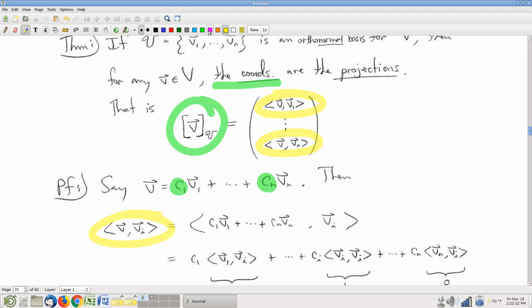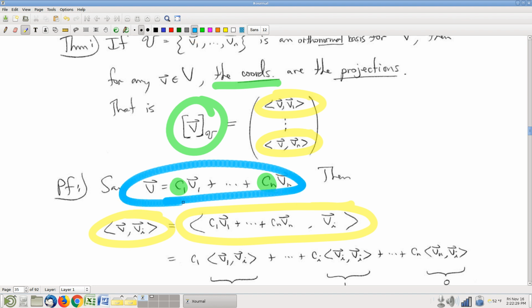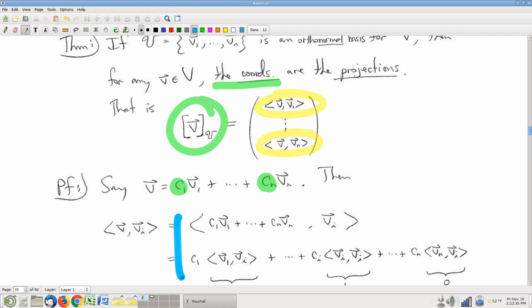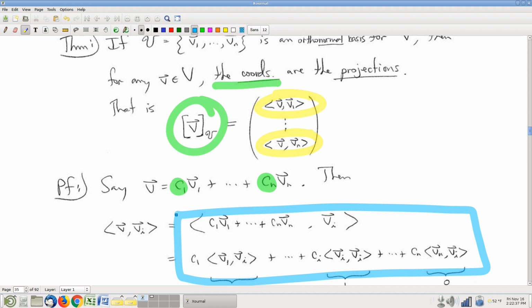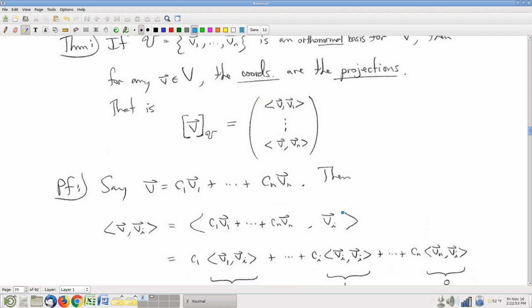So I find myself looking at that, but of course V is that. I invoke the linearity in inner products. Here I'm taking advantage of the fact that the inner product is linear in the left entry. And now we just look at these resulting inner products.